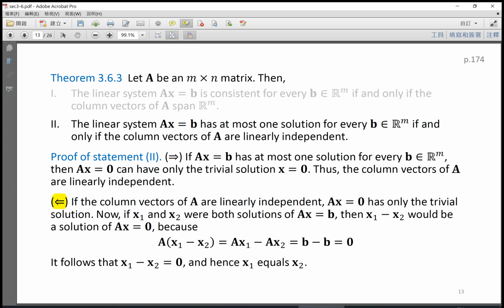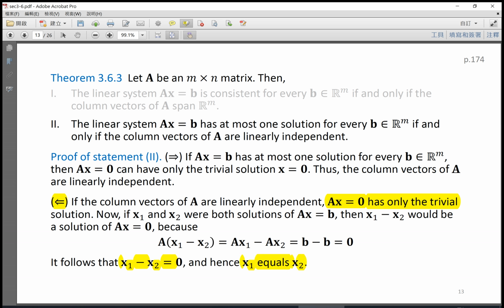Notice that Ax equals 0 only has the trivial solution, and hence x1 minus x2 must be the trivial solution, the 0 vector, and hence x1 equals x2.